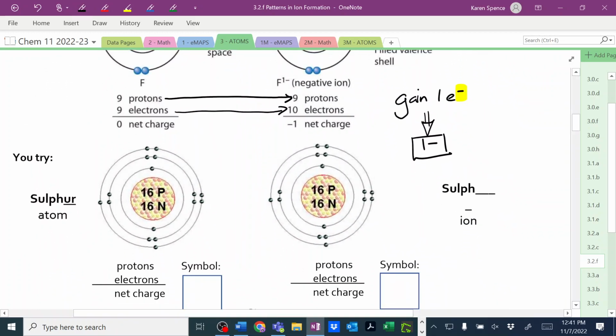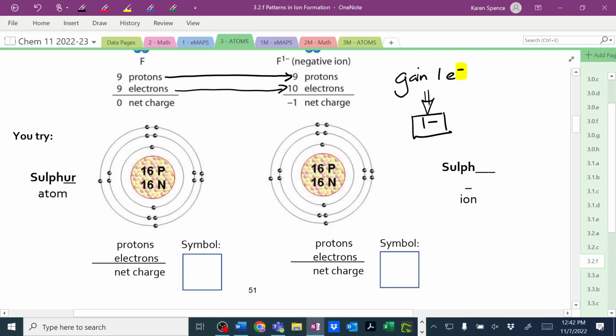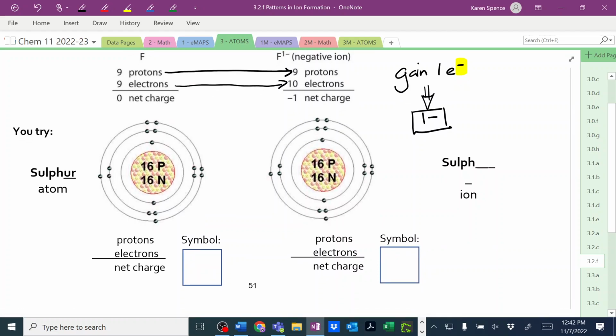So if you are taking your sulfur atom, here is a sulfur atom. Its atomic number is 16. What does that tell you? 16 protons. What else does it tell you if you're looking for an atom? 16, not neutrons. It doesn't tell you that. It tells you there's 16 electrons. It just so happens that there's 16 neutrons.